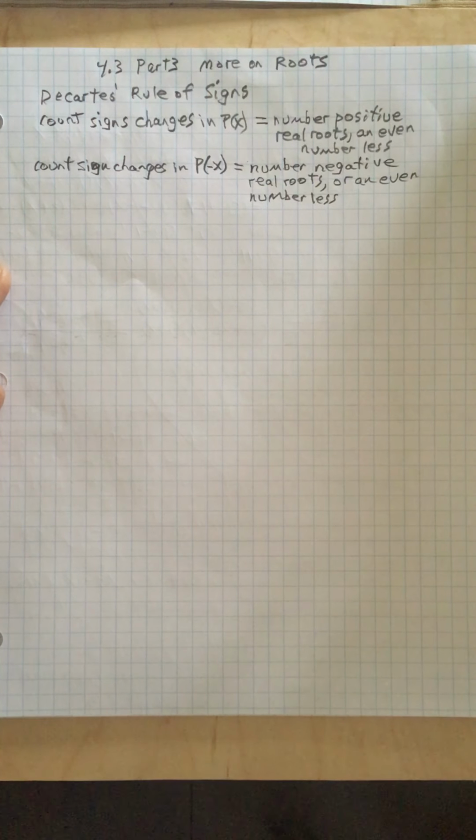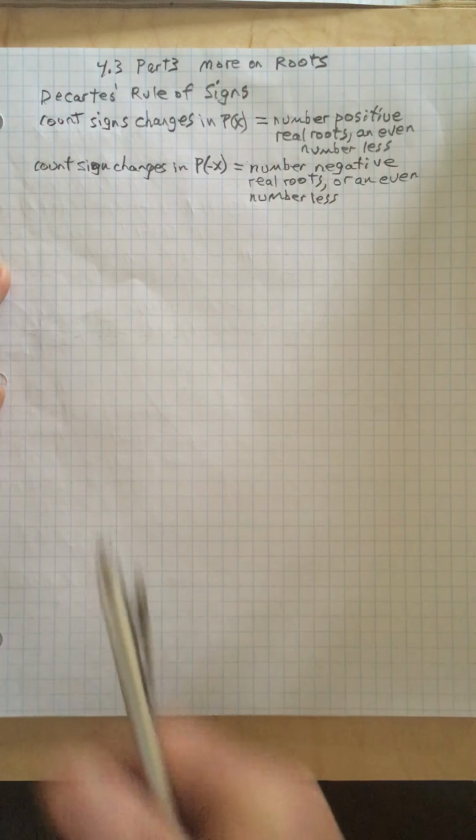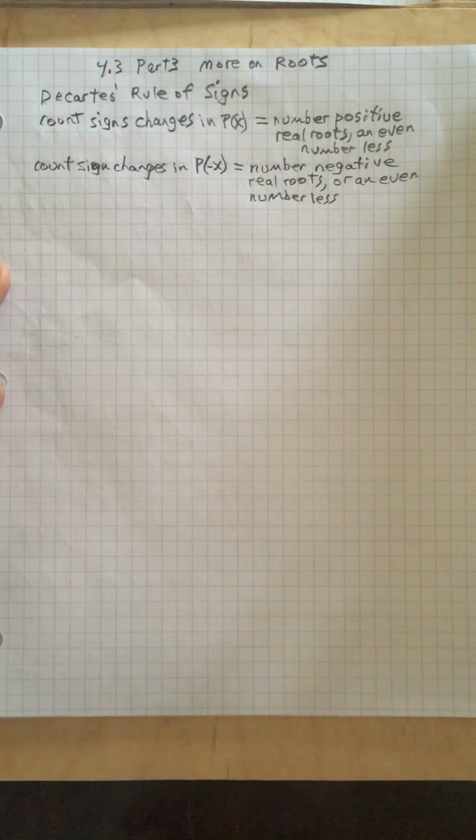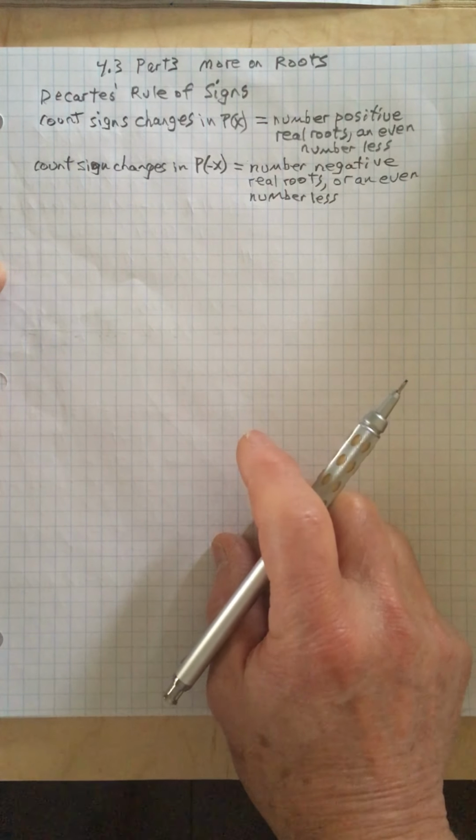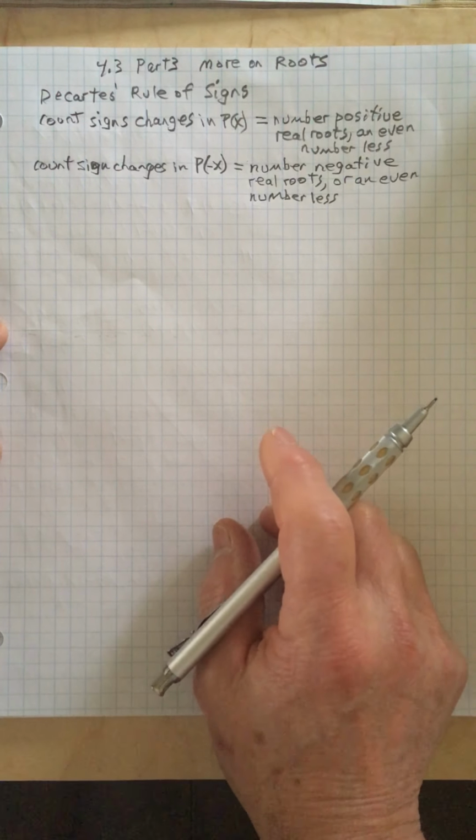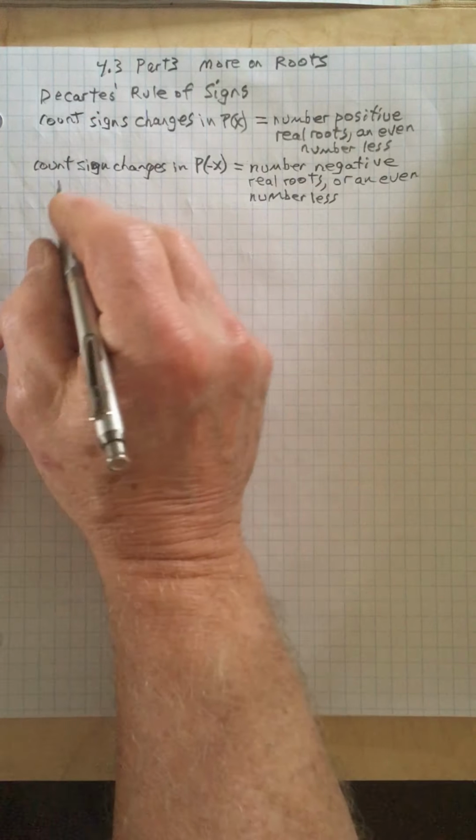So again, if I had 4 sign changes, then in this case I could have up to 4 negative real roots, or I could have 2 negative real roots if I took away an even number from that, which would be 2. Okay. All right, so let's give it a shot. Let's pick a function here.